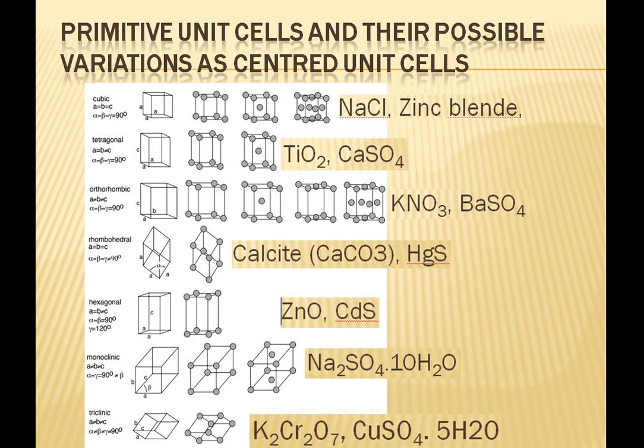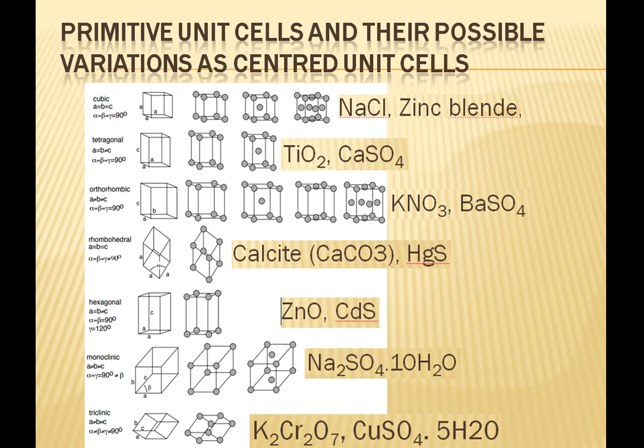The primitive unit cells have different variations as centered unit cell. We have 7 such variations. One is the cubic, other tetragonal, orthorhombic, rhombohedral, hexagonal, monoclinic, and triclinic.